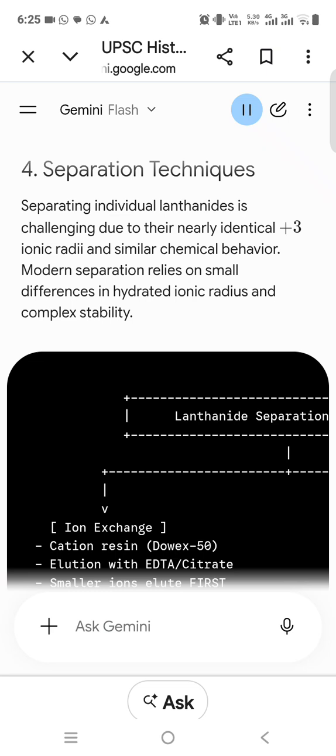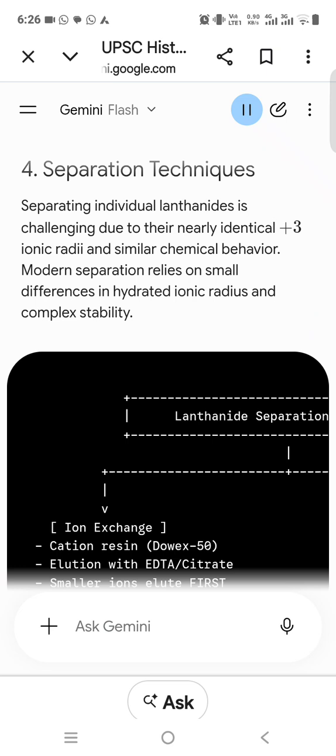Lanthanide contraction. As atomic number increases across the 4f series, there is a steady decrease in ionic radii of M³⁺ ions. Because f orbitals have diffuse shapes, they exert poor shielding on outer electrons. The increasing effective nuclear charge, Z_eff, pulls the outer 5s, 5p, and 6s shells inward.